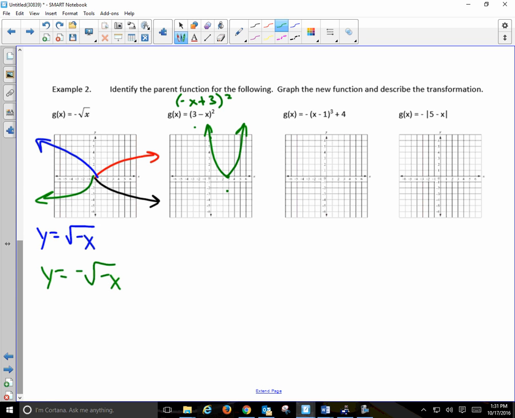So what I do instead is I do stuff like this, okay? Watch. What do you plug in to get 0? 1. So it moves right 1, moves up 4. And then when we cube this out and we attach a negative in front, will it start down and go up or start up and go down? Start up and go down because it will be negative. I just think that's a lot easier.